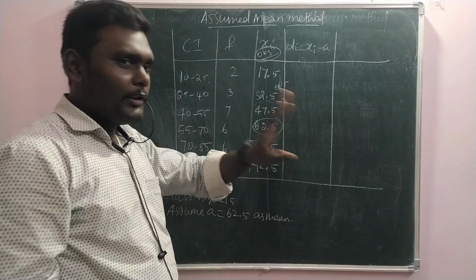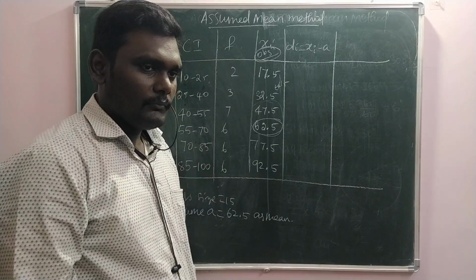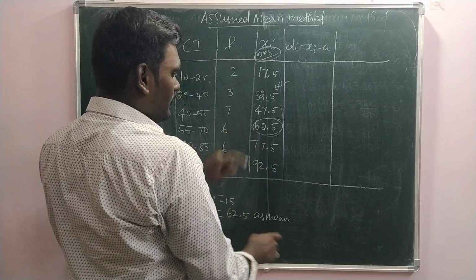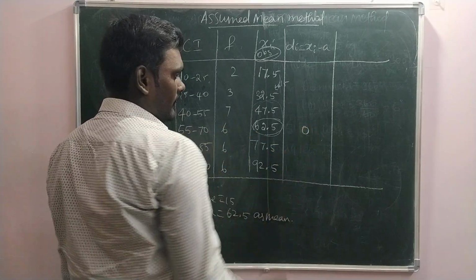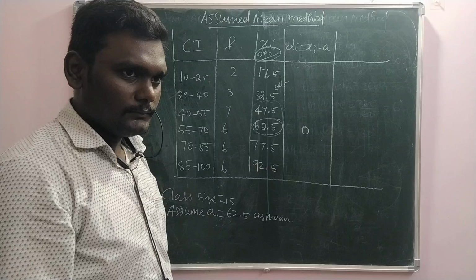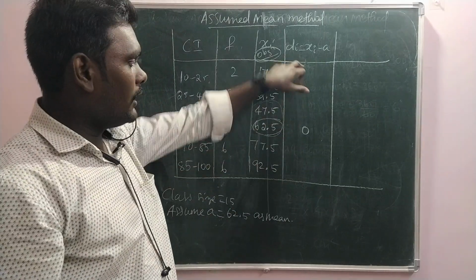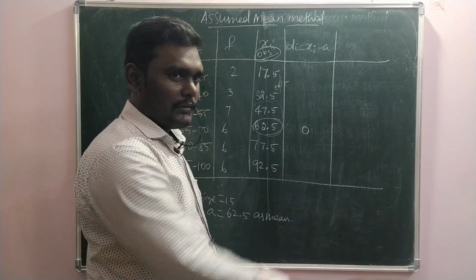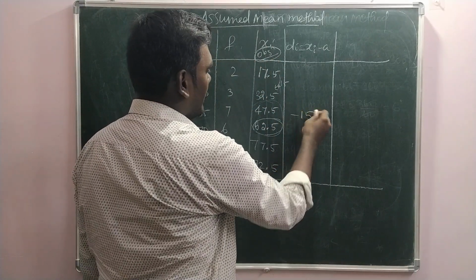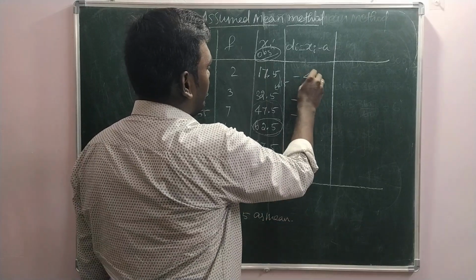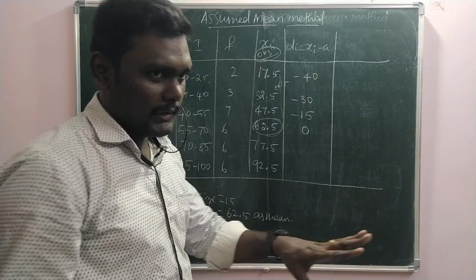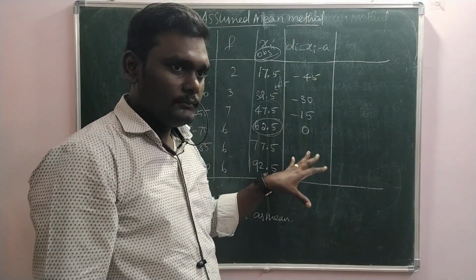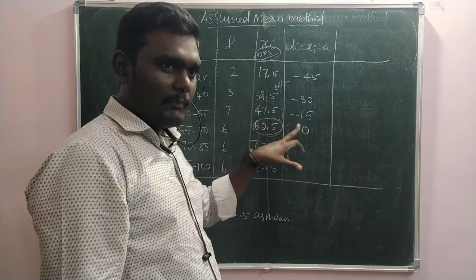For this step also, you don't actually need to subtract. 62.5 minus 62.5, what will come? 0. And then above that, we can put multiples of the class size in negative. So it is minus 15, minus 30, sorry, minus 45. You don't need to worry, because when you actually subtract also, the same value will come.